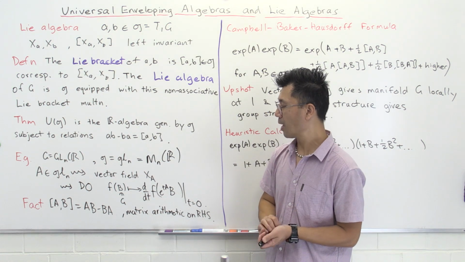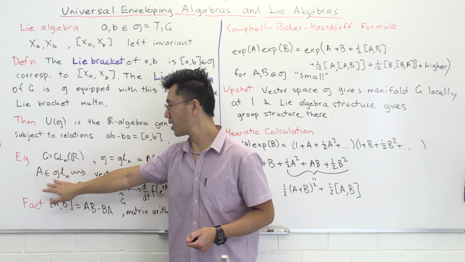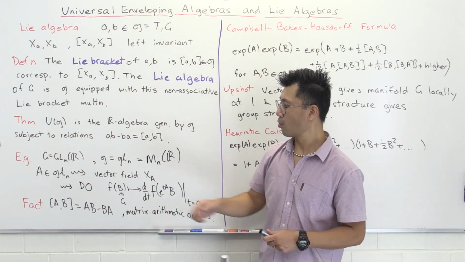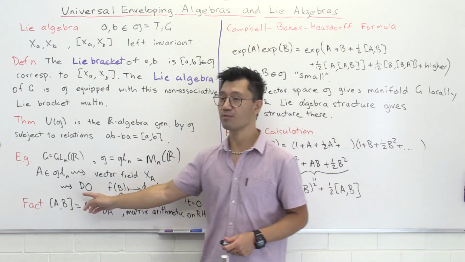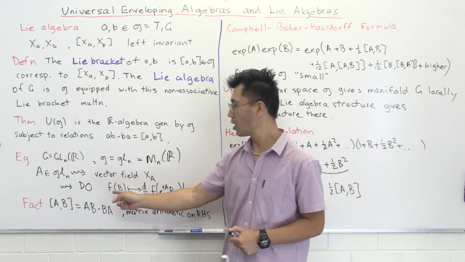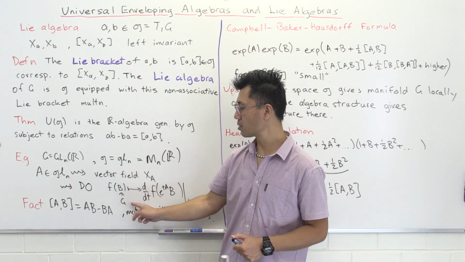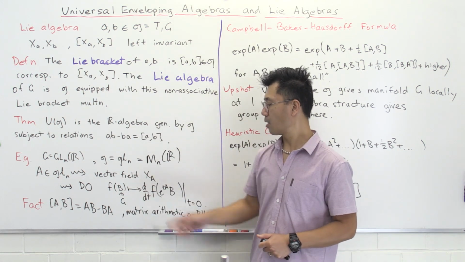Okay. And so let's have a look at an element A inside here. That gives you a corresponding left invariant vector field, X_A, and that gives you a differential operator, which is also left invariant. Just to remind you, if you have a function on this group, and B is your variable element on your group, then what do you do?